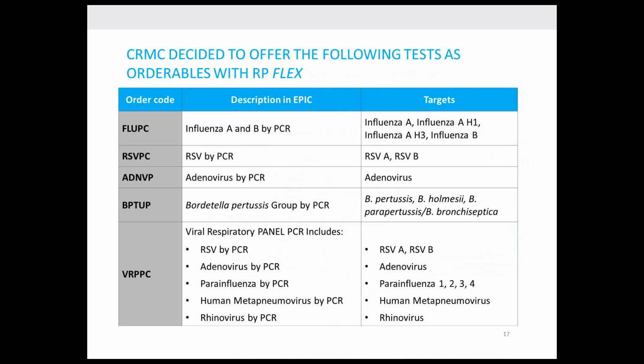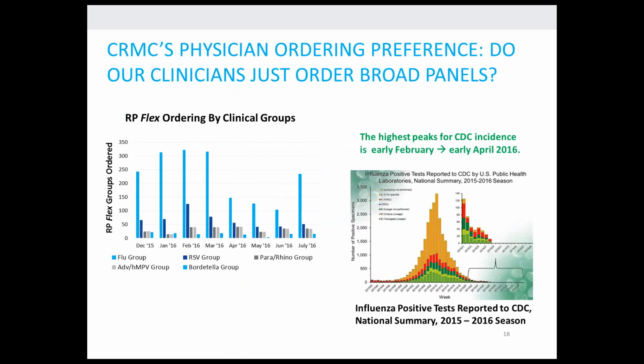And the only panel that we offer is the respiratory viral panel that does not include influenza, and also it doesn't include the pertussis testing. And for us, this was the easiest way to work out the billing and also make it easy for ordering and to be able to get just the tests that the physicians were wanting. They can still order everything when they feel that's what they want.